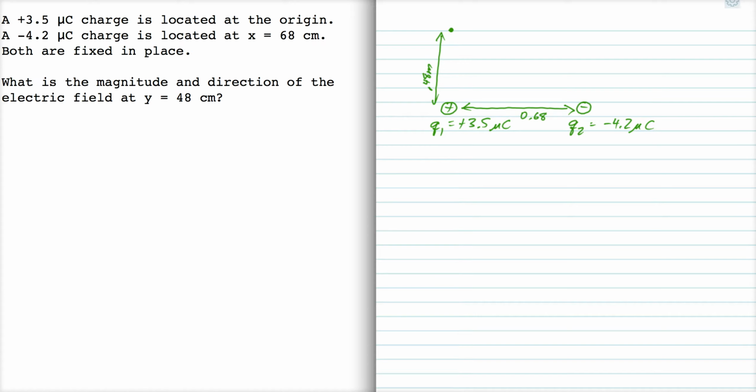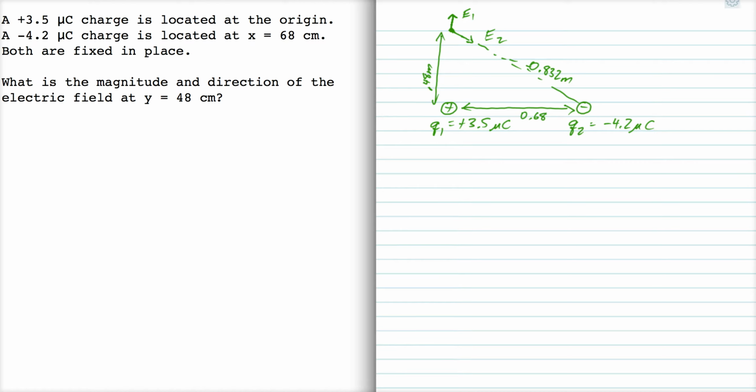Okay, so let's see. First of all, the electric field due to charge 1 is going to point vertically upward, because it's repulsive. And the electric field due to charge 2 is going to be pointing in the direction of charge 2, like that. Now we're going to need this distance here. The Pythagorean theorem tells me that this distance is 0.832 meters.